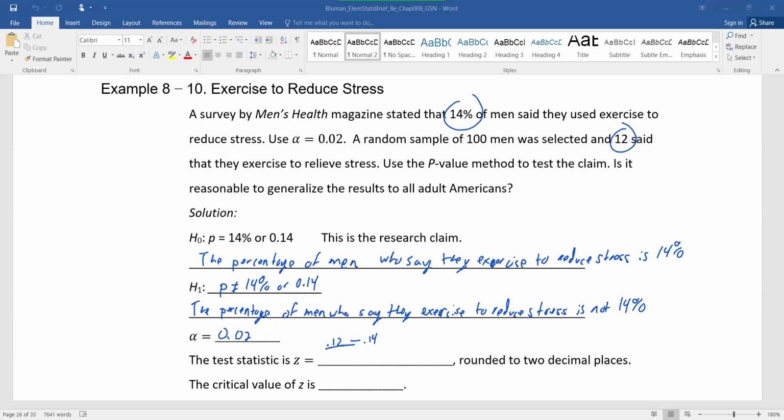Divided by the square root of probability of success, which is 0.14, times probability of failure, 0.86, divided by 100. I'm just going to take your word this time for it. It's going to be a negative.